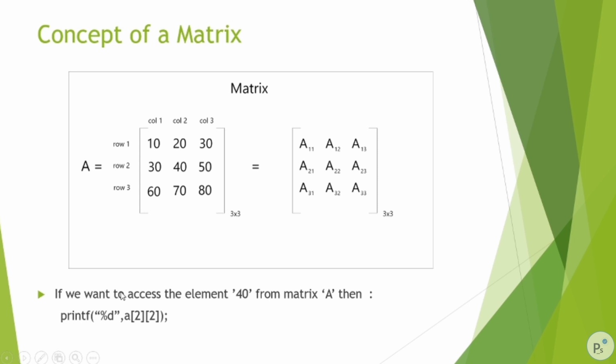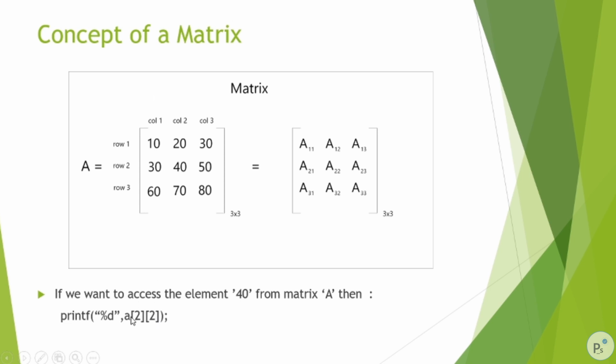Suppose you want to access the element 40 from this array in a programmatic way. How can we do that? We print a[2][2], meaning second row and second column. The first index indicates the row and the other one represents the column.